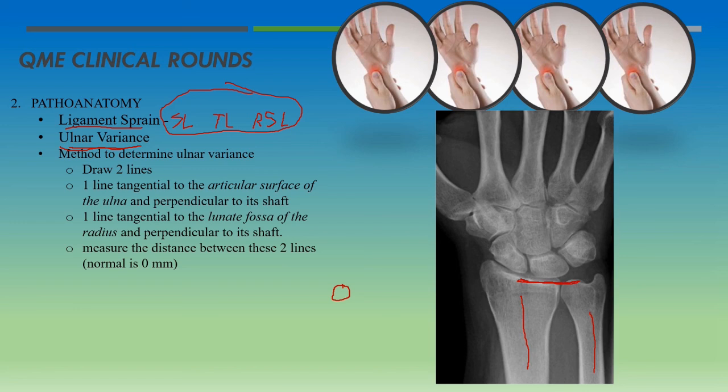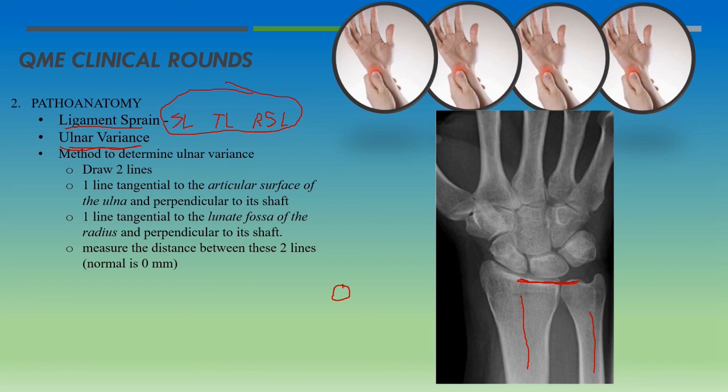So in this case, we say that the radius and the ulna have the same lengths, and there's no variance. There's neutral variance, zero variance between the lengths of the radius and the ulna bone.